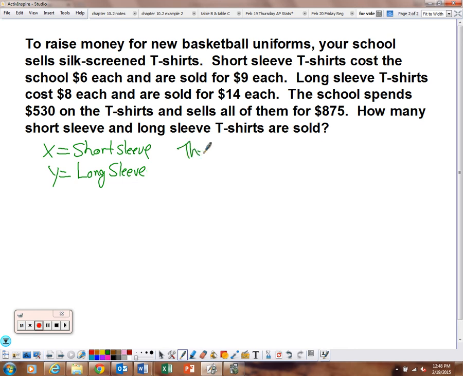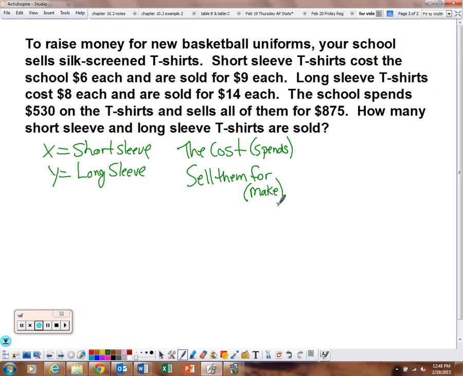The cost of the t-shirts, that's how much the school spends on them. And the other one is what they sell them for. That's the money they're going to get. So they spend money to get the t-shirts, and then they sell them to make money.